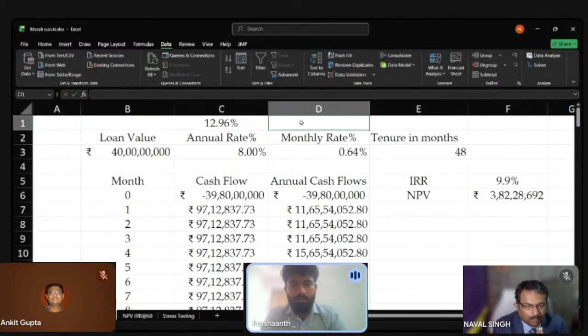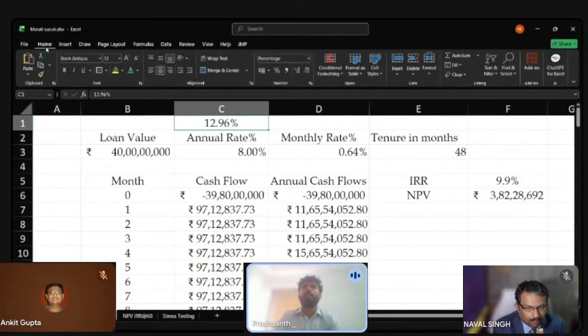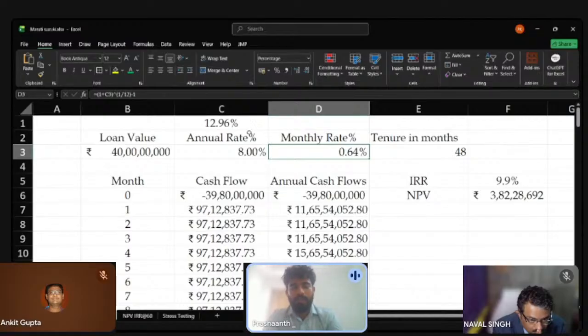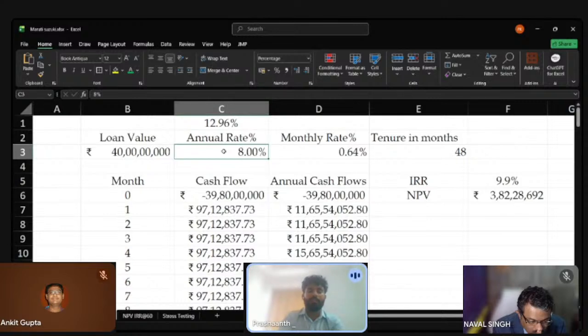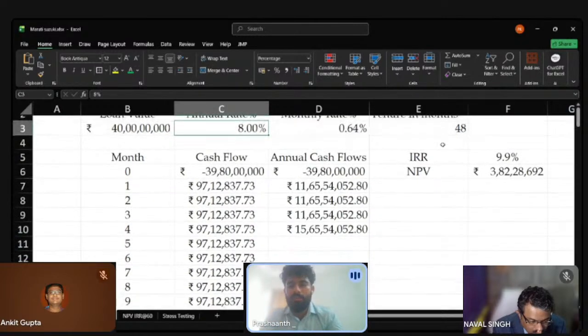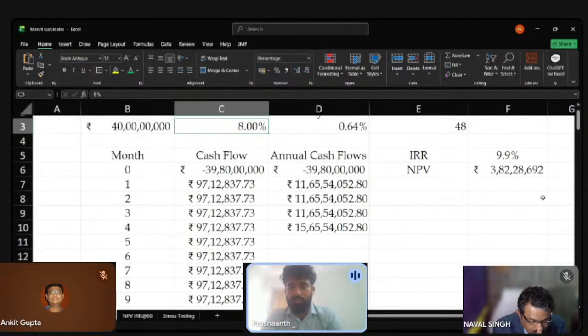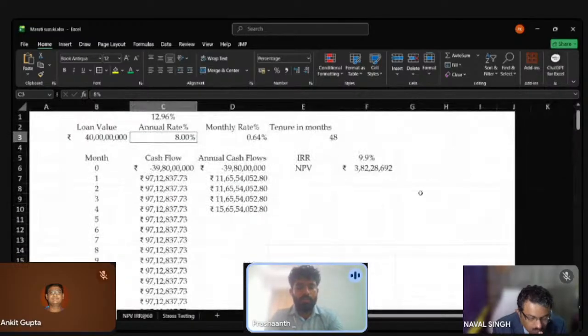And I'm not entirely sure if an interest rate as high as this is floating in the market, given how fast the leasing industry is growing and how competitive it is going to get. So instead of eyeing an IRR of 13.5%, keeping the annual interest rate at 8%, we notice that the net present value is around 3 crores over a period of 48 months.